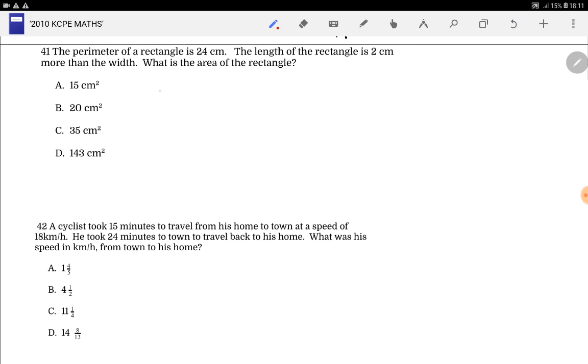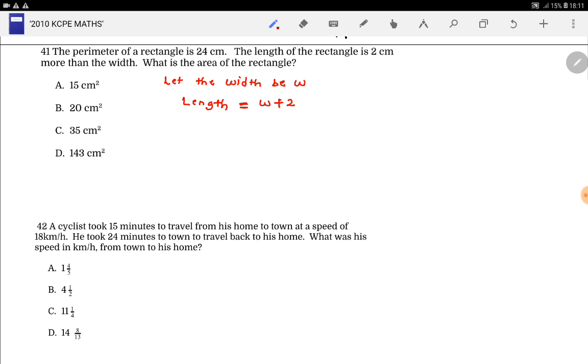So in this rectangle, we don't know the length, we don't know the width. So we can let the width be W. Therefore the length will be equal to W plus 2, because we are told the length of the rectangle is 2 centimeters more than the width.